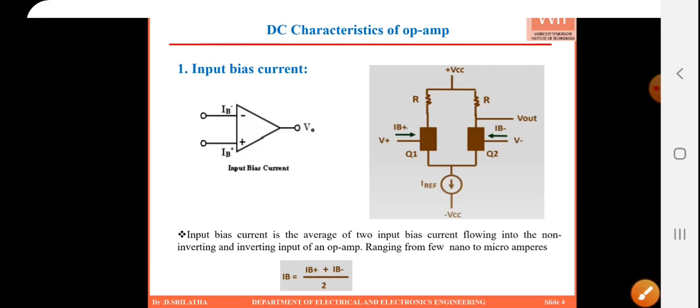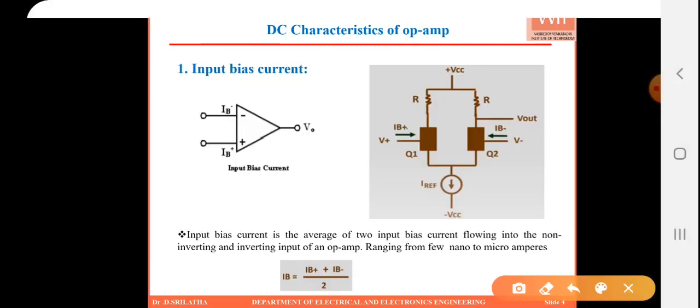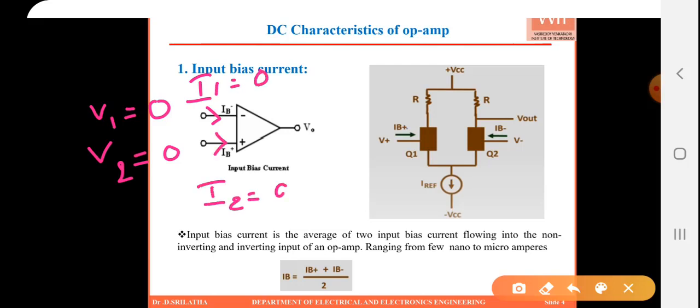What I am saying is, for example, if it is an operational amplifier, that is a differential amplifier, and we are not applying any voltage, that is V1 is equal to 0 and V2 is equal to 0, and internally there is no current flowing through it, I1 is equal to 0 and I2 equal to 0.